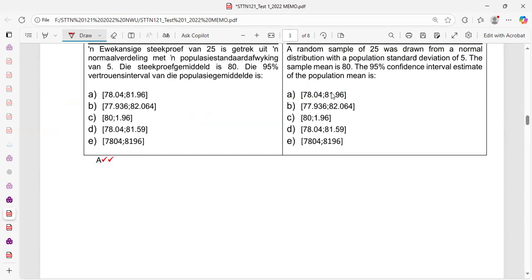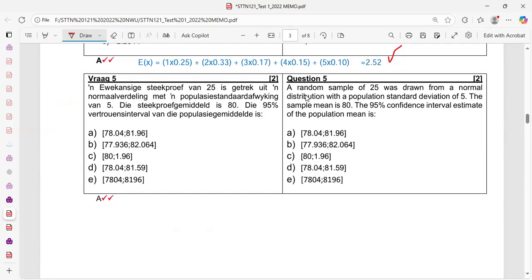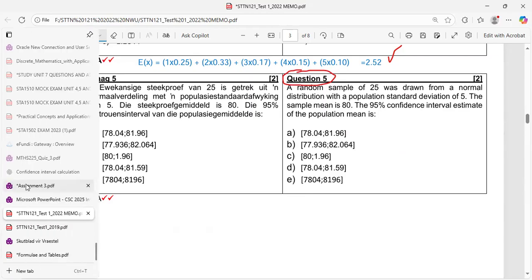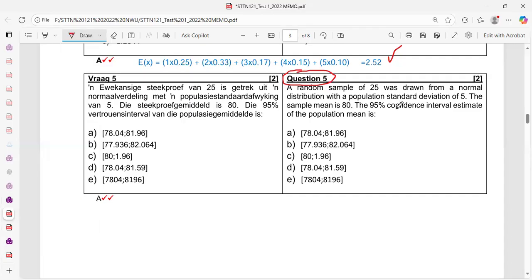Question 3, done. Question 5. Oh, okay. I think this one, because I was looking at the scope that you gave me for your test for 2025, the confidence intervals were not there, because I have explained 8.1 till 8.15 till the F table. So this one was not part of your scope.